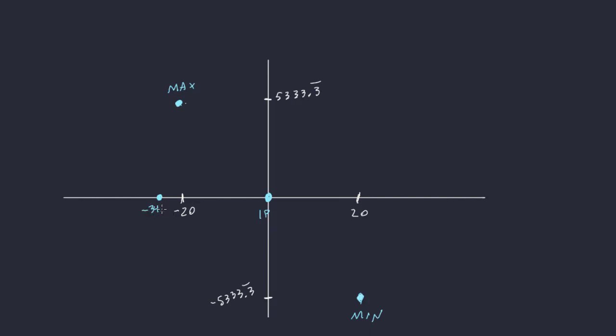One at negative 34.6 and another one at positive 34.6. Okay, so these are just x-intercepts. All right, so notice here, I've just labeled everything.